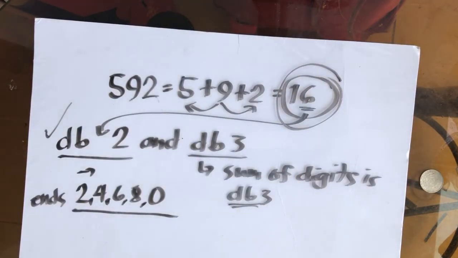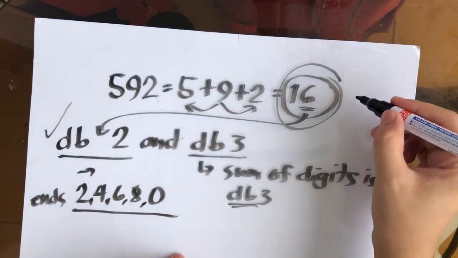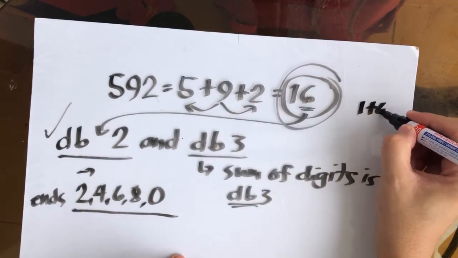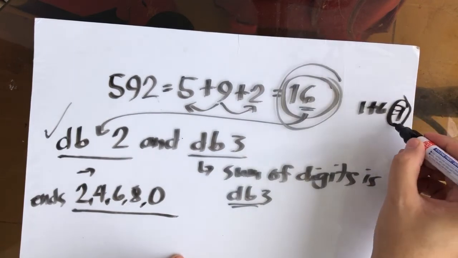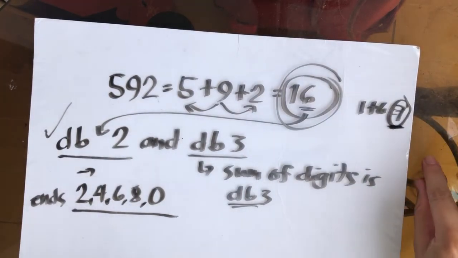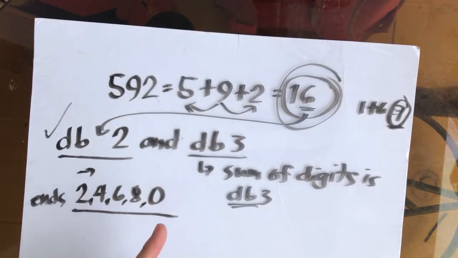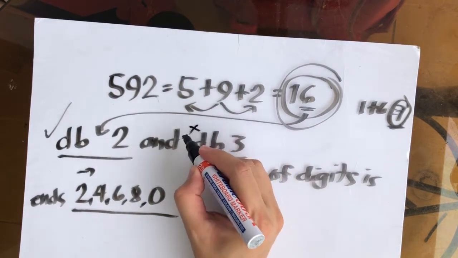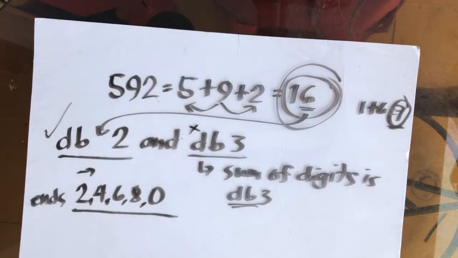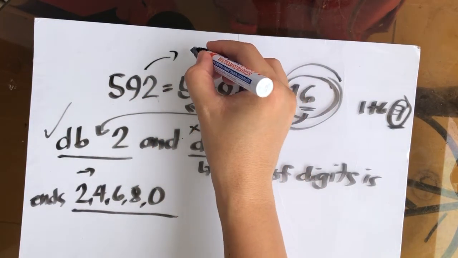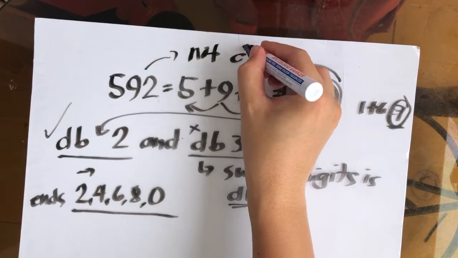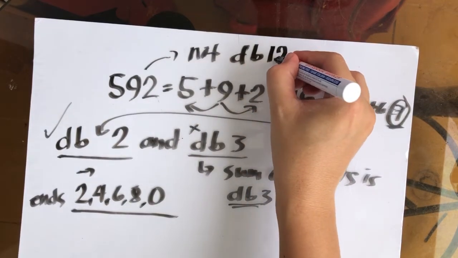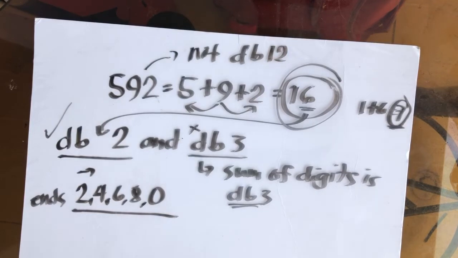Ang 16 ay number na hindi divisible by 3. If we're going to also add that, 1 plus 6, 7. So, hindi pa rin siya divisible by 3. Ibig sabihin, yung number natin na 592, hindi siya divisible by 12. Divisible nga siya by 2, kaya lang, hindi naman siya divisible by 3. So, this number is not divisible by 12. Okay? So, yan yun.